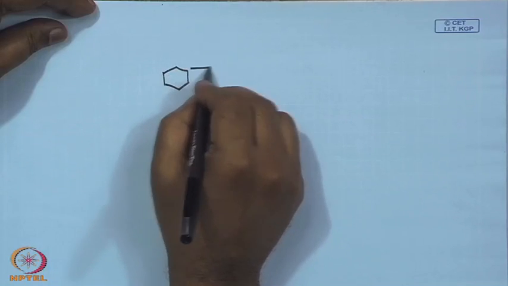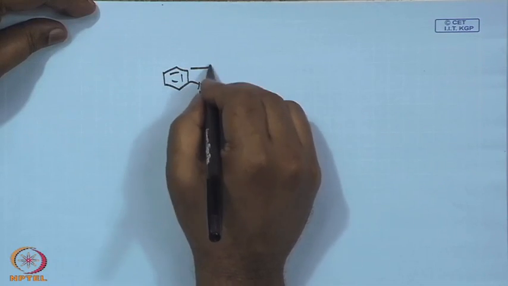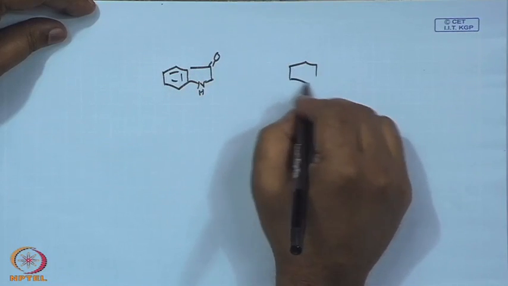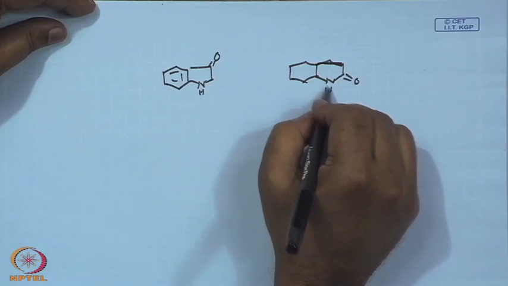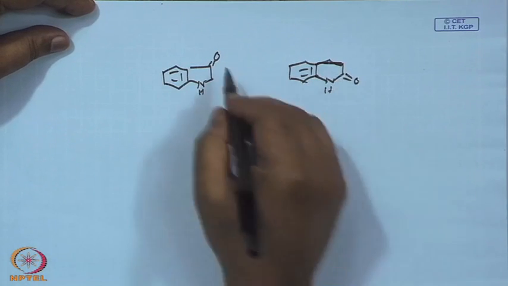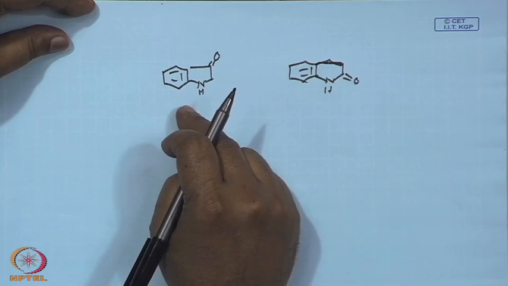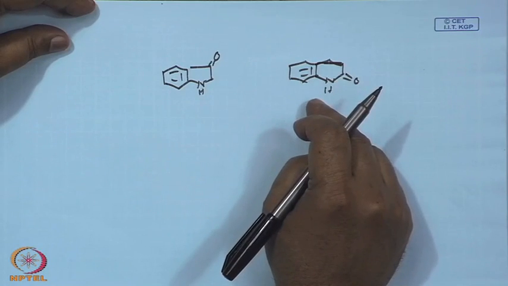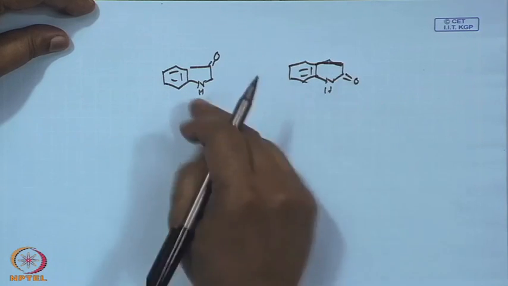There are two kinds of molecules, by the way. In heterocyclic chemistry, this is 2-keto and this is 3-keto. Do you know the difference between the names? One is called oxindole and the other is called indoxyl.